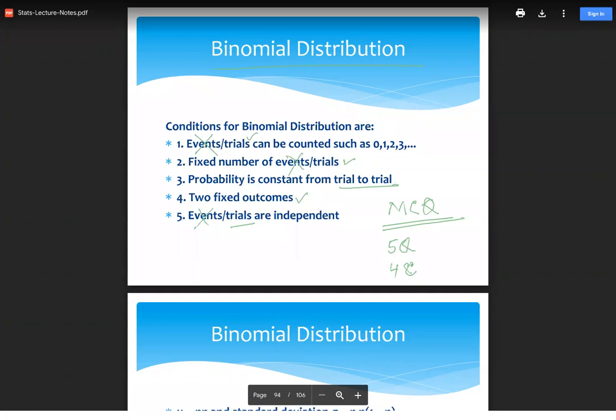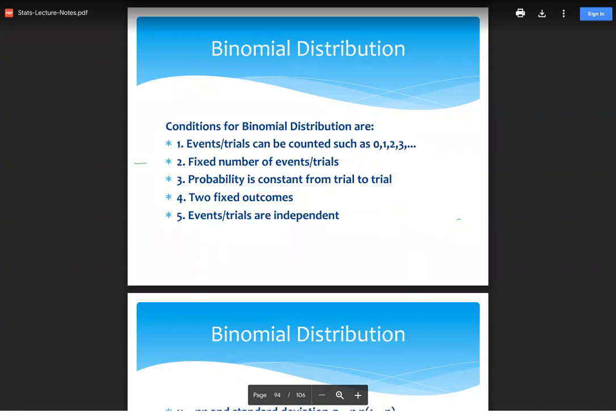Then you'll be able to get all of them. Technically, as I said before as well, you don't need the number 1. You can just start with number 2, all right? And there are 2 outcomes. There are a fixed number of trials, 2 outcomes, independent trials, and probability is constant.